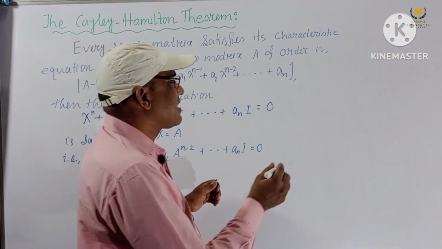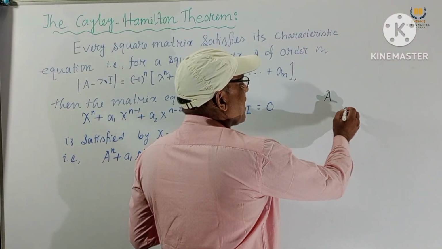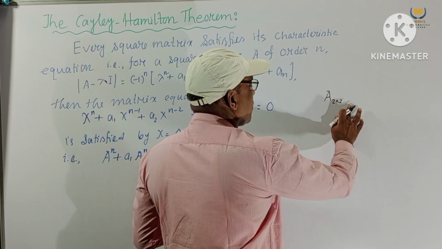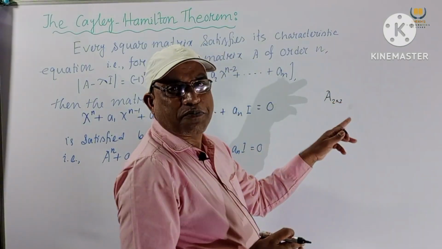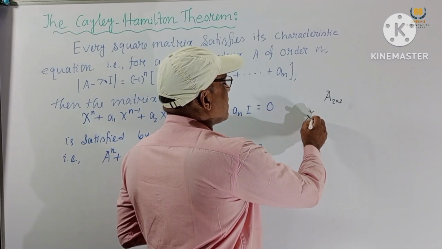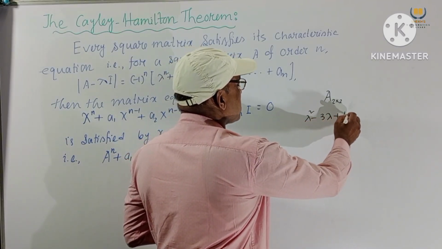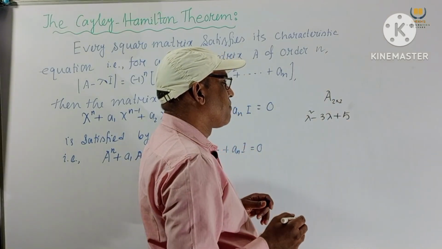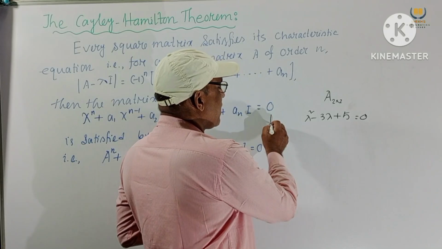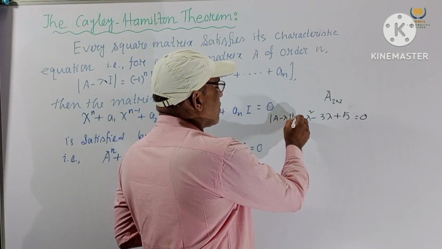Suppose A is a square matrix of order 2, that means a 2 by 2 matrix. If we expand determinant A minus lambda I equal to 0, suppose we get lambda square minus 3 lambda plus 5 equal to 0.